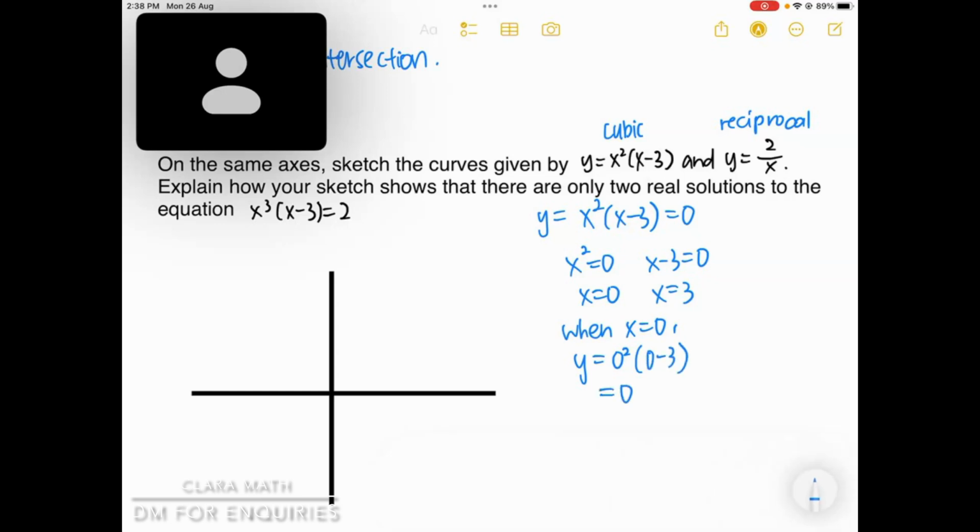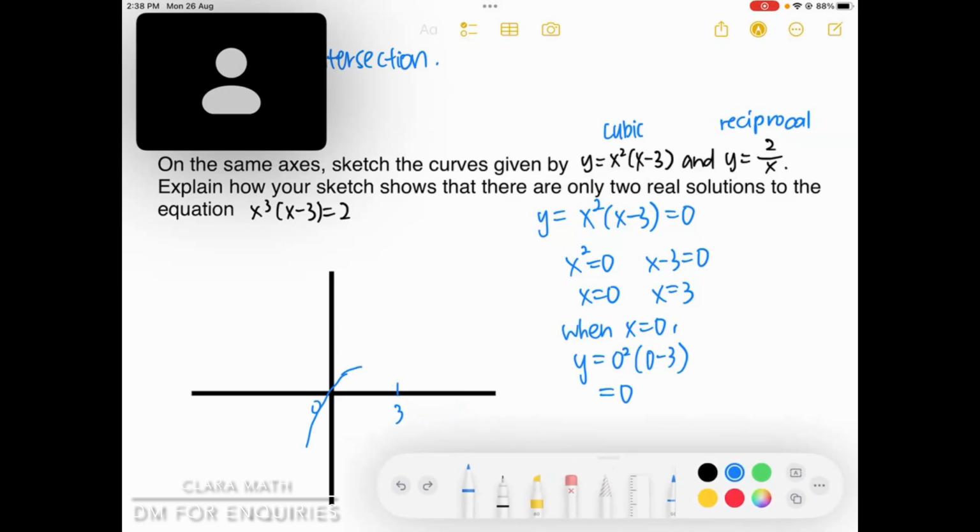So it cuts there. Go up. If I draw like that, I cannot make it go down again because then it will cut here one more time. I can only cut at 0 and 3.